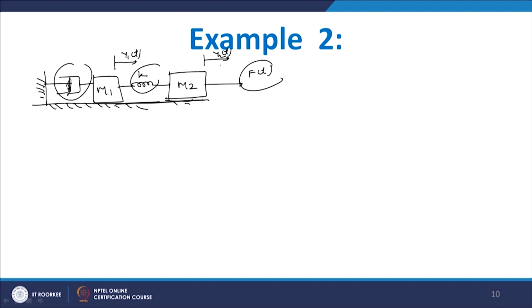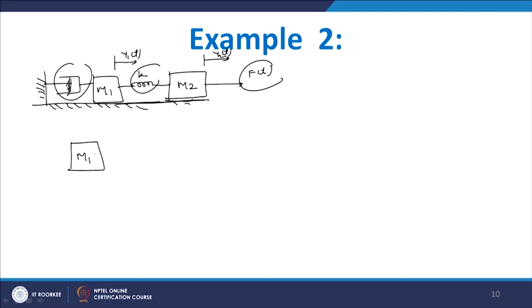Now what we do, we draw a free body diagram for both mass m1 and mass m2. So, for mass m1, is there a force acting? No, the force acting is 0 because the force acts on m2 only. But this m1 opposes this force f of t.